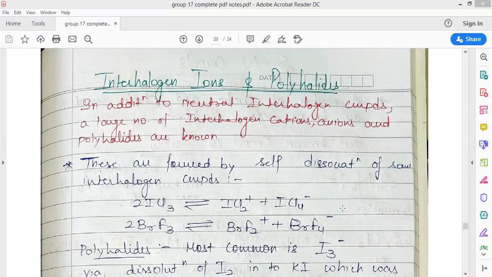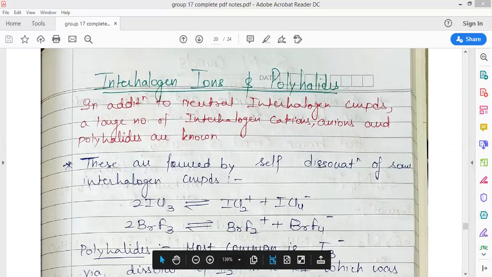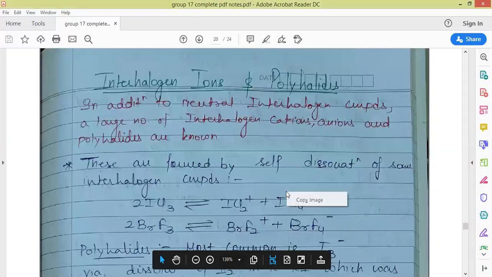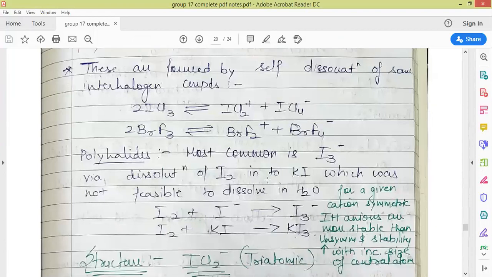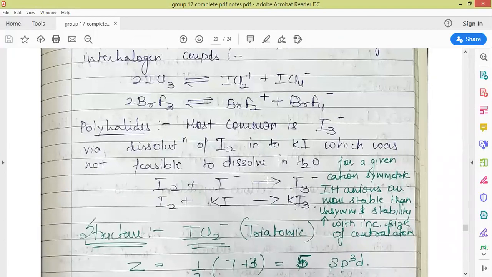These are formed by the self-ionization of some interhalogen compounds as shown here. Like here, ICl3 is getting ionized to give ICl2 positive and ICl4 negative. BrF3 is undergoing self-ionization to BrF2 positive and BrF4 negative.